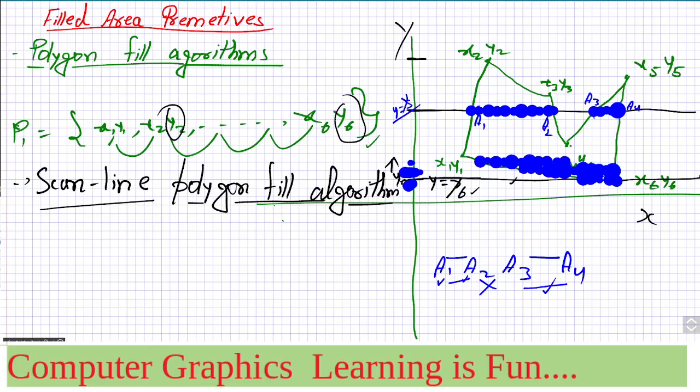Now let me talk about this point. In this particular line, what is happening when it comes to this point? This is the first place it intersects. Let me call it B1. Then it intersects here, it is B2.